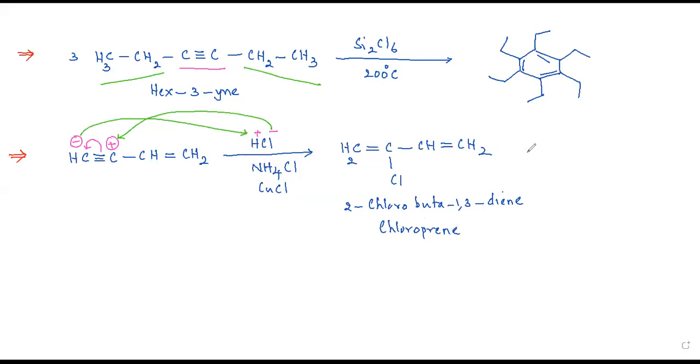Now, even this chloroprene undergoes polymerization to form a polymer called neoprene, which is a synthetic rubber. Let me show you the polymer.